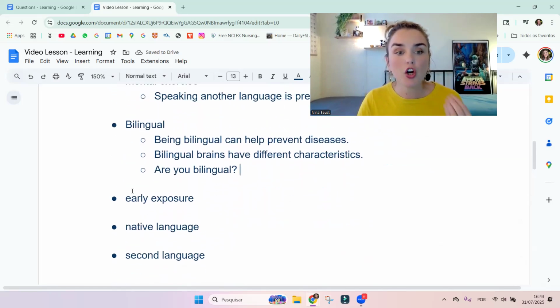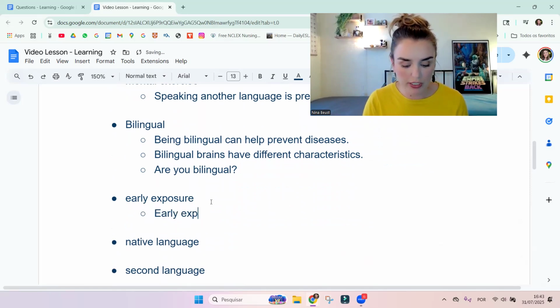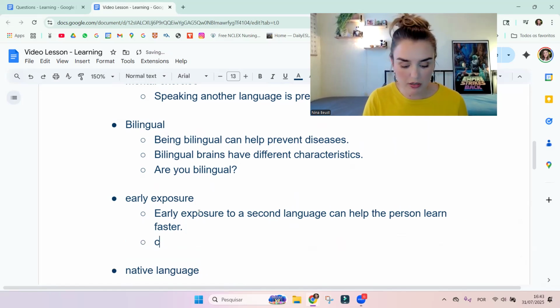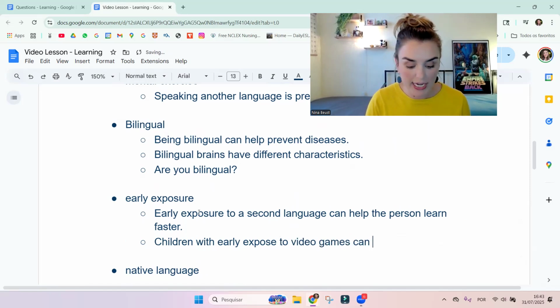Right? Early exposure. Exposure is exposição. So early exposure to a second language can help the person learn faster. Early exposure, right?